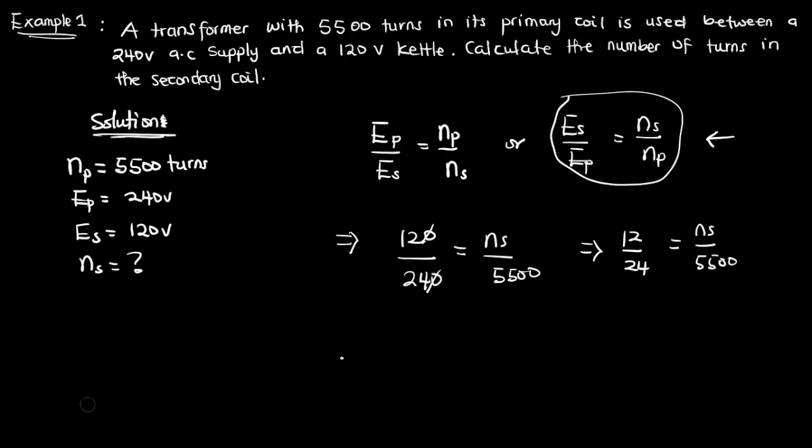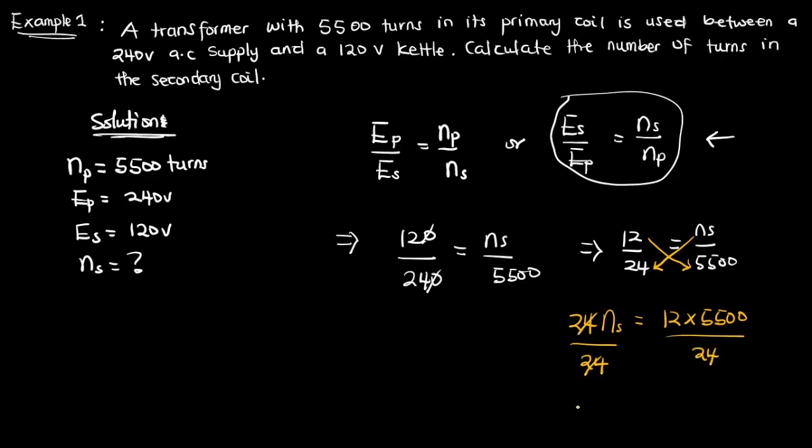Now I can cross multiply. This will multiply this, this will multiply this. So I have 24 NS equals 12 multiplied by 5,500. To find NS, I divide both sides by 24.